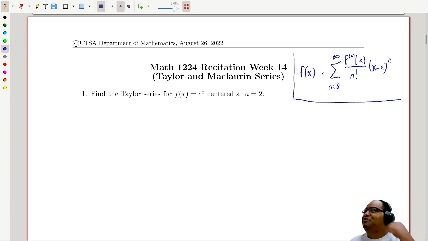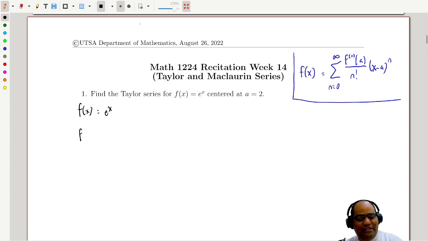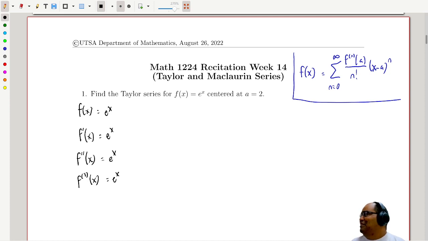Okay, so what do we need to do? We need to first find some derivatives. Let's see if we can find the pattern here. So our function f of x is e to the x. And thankfully, e to the x has its own derivative. If we take derivatives, the first derivative is e to the x, the second derivative is e to the x, the third derivative is e to the x, and we have an easy pattern because it's just an exponential.